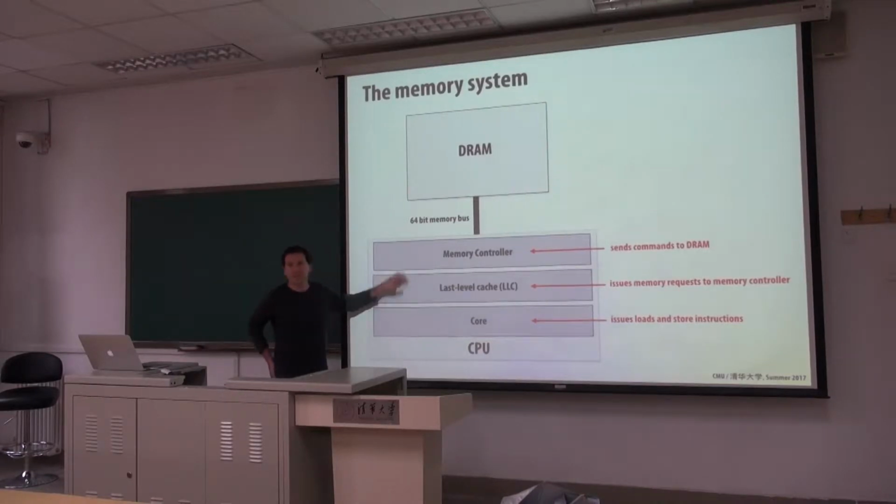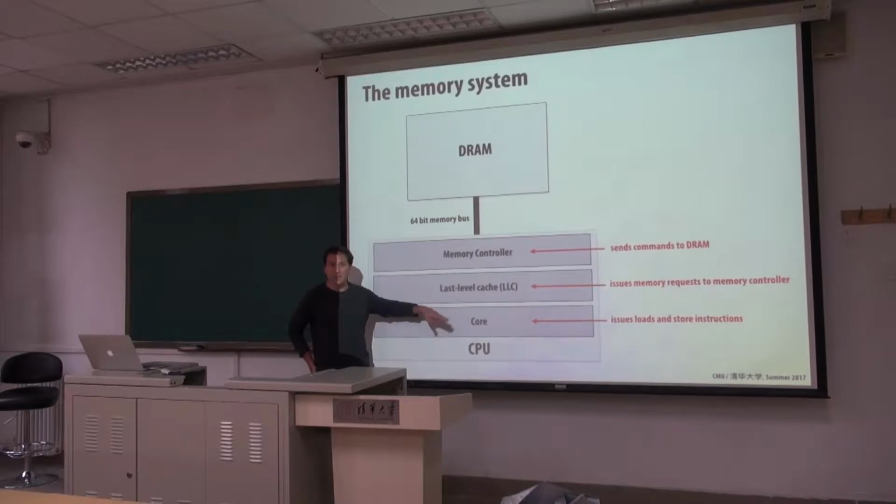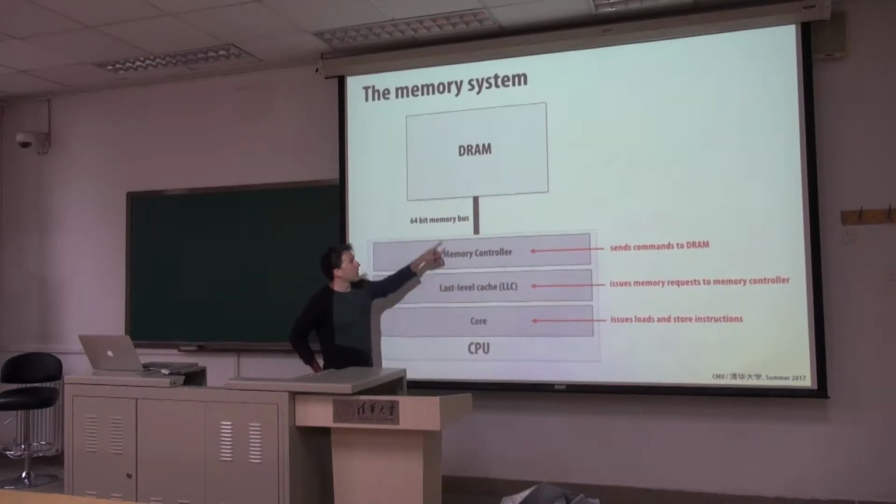So if this is a very simple CPU, let's just say it has one core, that core has a couple of caches, or maybe Scratchpad memories. What's important is what the last level of cache is. On an Intel processor, the last level of cache is usually an L3 cache. If you miss the L3 cache, if a value is not in the L3 cache, then the processor needs to request it from memory.